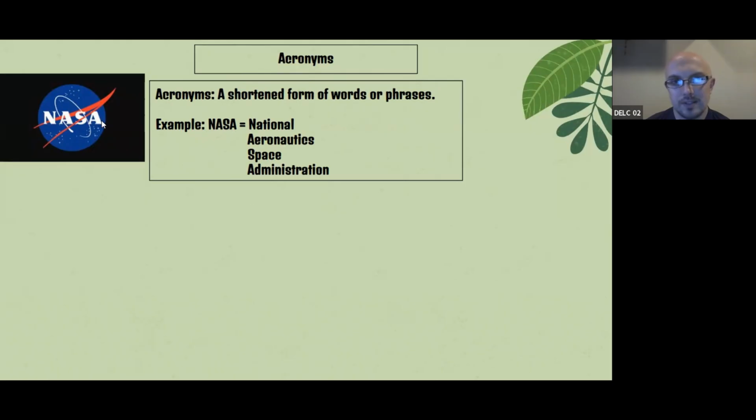N means national, and A means aeronautics. Aeronautics means airplanes or something flying in the air. And S means space, and A means administration. So NASA is an acronym. It's the name of the company, but it's also an acronym. So this is what an acronym is. It has some meaning.